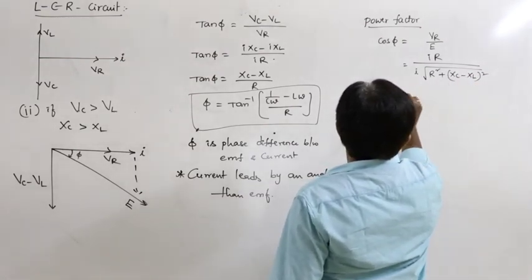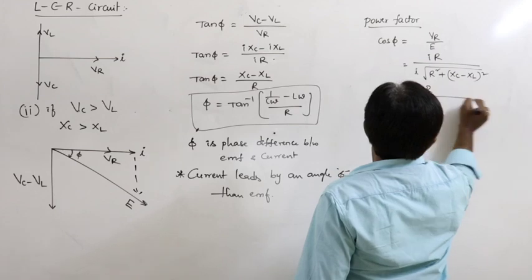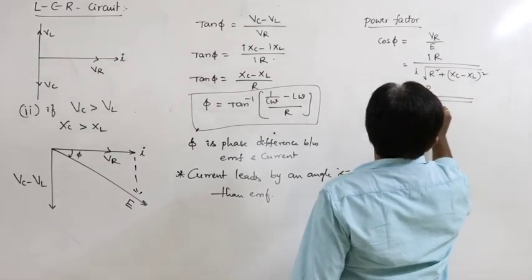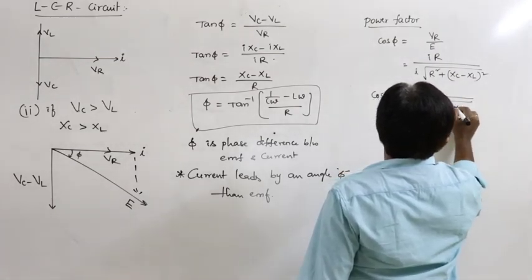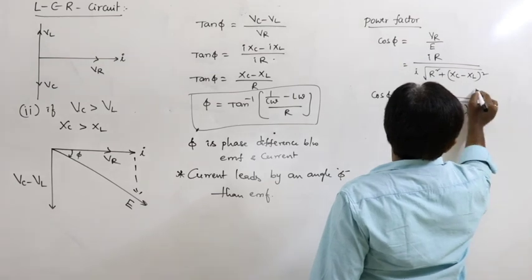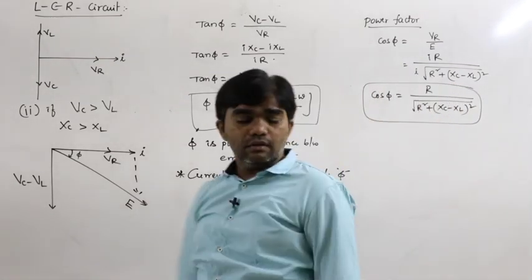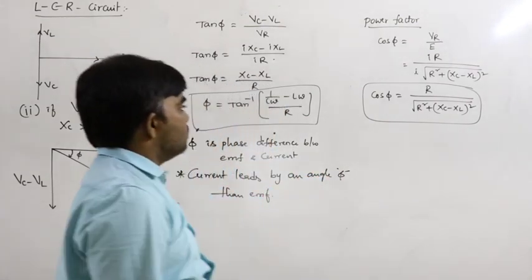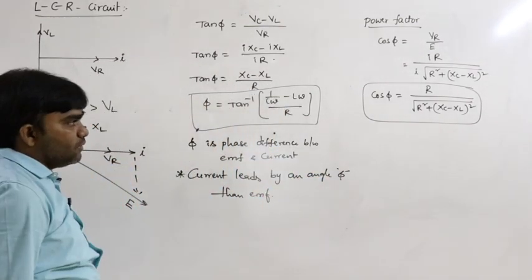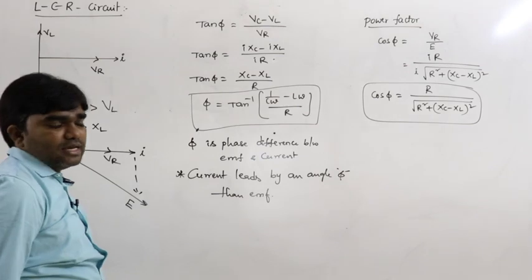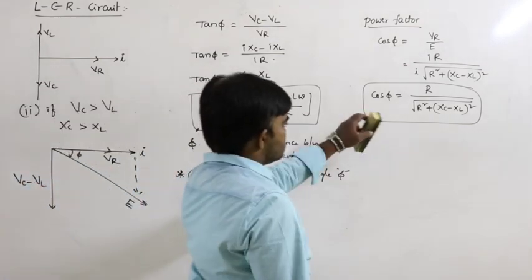Therefore, cos phi is equal to R divided by the square root of R squared plus (XC minus XL) whole squared. This is the power factor.